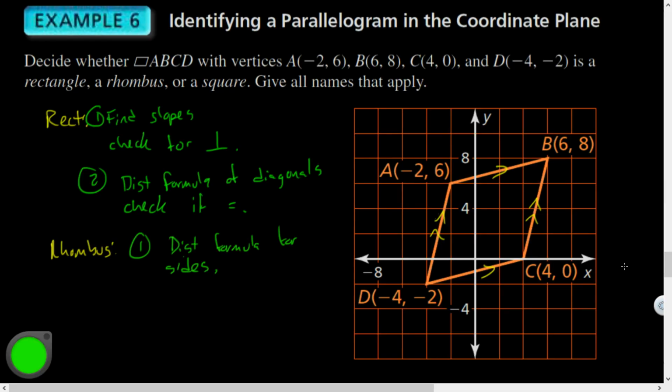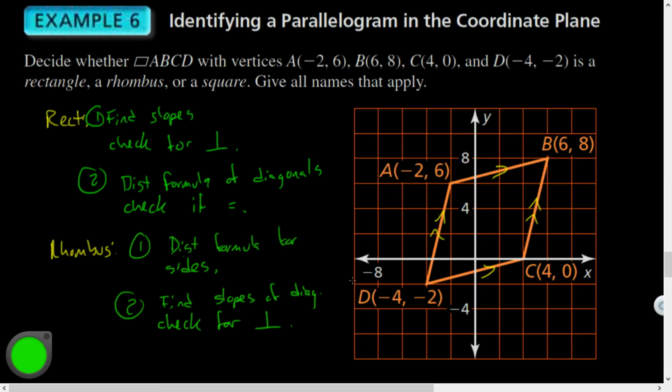Let's see, yeah. Opposite sides congruent, so that's by definition. How about diagonals? Find slopes of diagonals. Right, and what would I expect? Check for perpendicularity, right? So their slopes would be opposite reciprocals of one another.